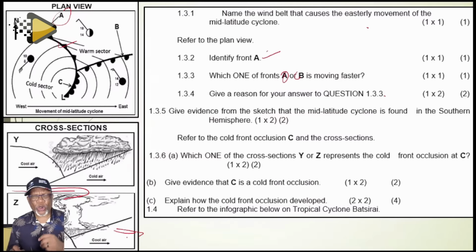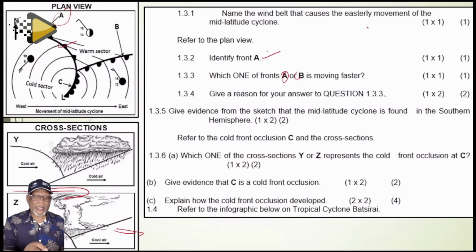You must say cross section of a mid-latitude cyclone in a mature stage, or cross section of a cold front occlusion, or a cross section of a warm front occlusion. You must always give labels to your diagrams. Okay, now we have given evidence that C is a cold front occlusion.